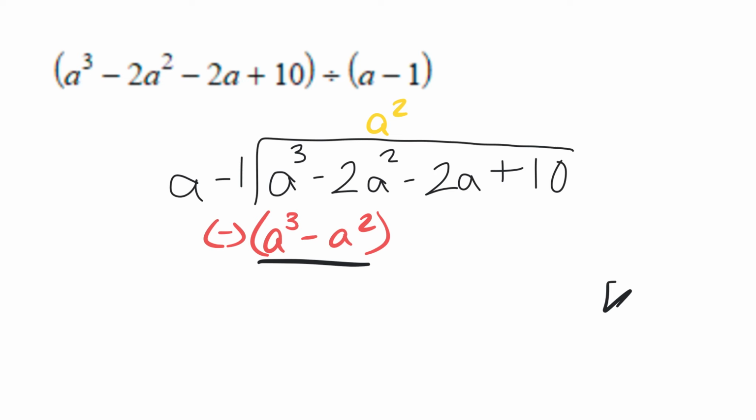Make a recognition that, hey, we are doing the opposite of. So the a cubes cancel, and we have negative 2a squared minus a squared. My pencil gave up the good fight. So here we go. So we have a squared.